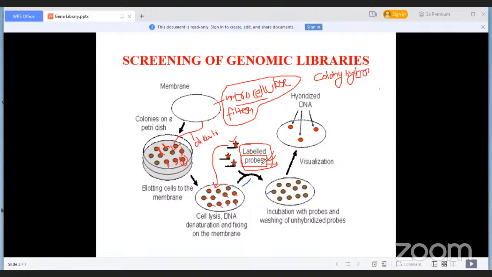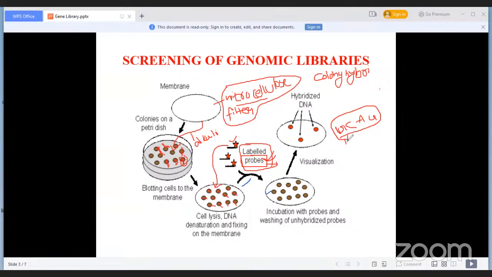The probe already has the complementary sequence, which helps to identify the desired genes. The complementary strand binds to the template strand. For example, in a probe, the complementary DNA sequence is guanine, cytosine, adenine, guanine, like that. This is the desired DNA sequence.